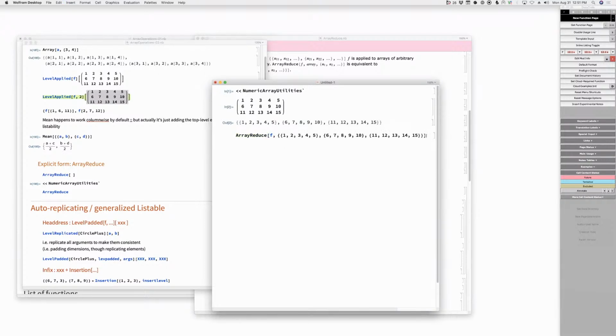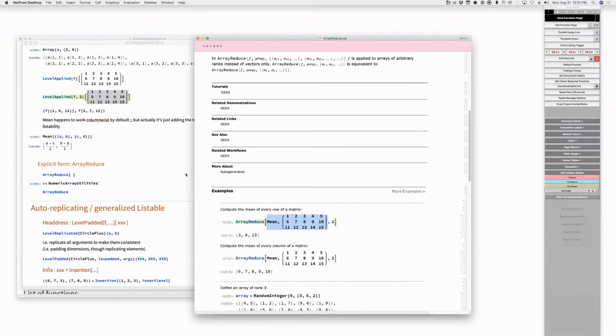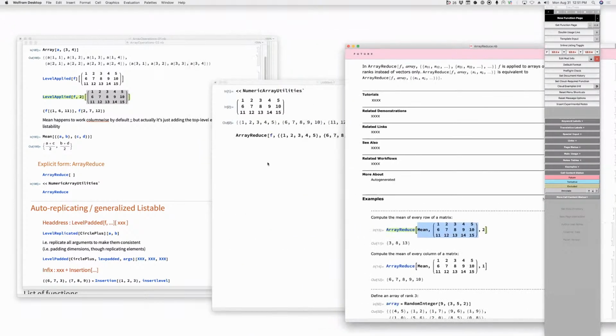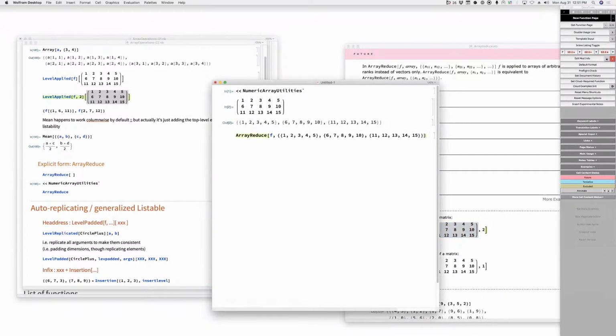Yes, you need to say the axis that you will reduce on. Okay, that's just map. In that case, yes.